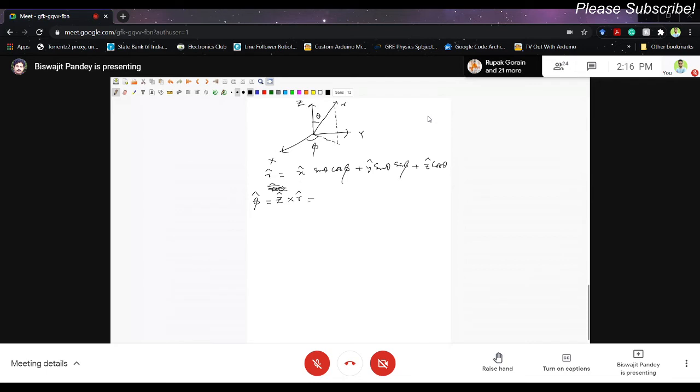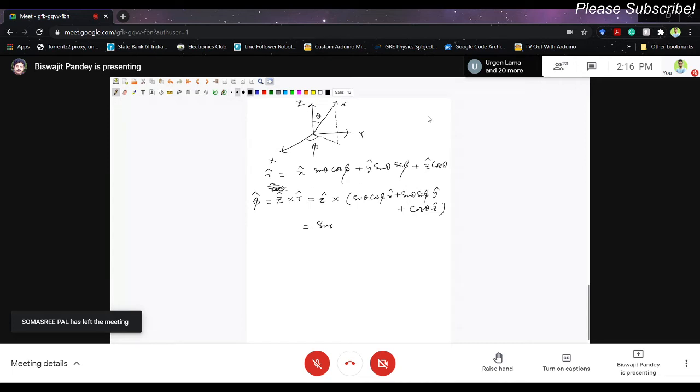So z cap cross what is r cap? R cap is given by this: sine theta cos phi x cap plus sine theta sine phi y cap plus cos theta z cap. Of course, z cap cross x cap equals y cap.